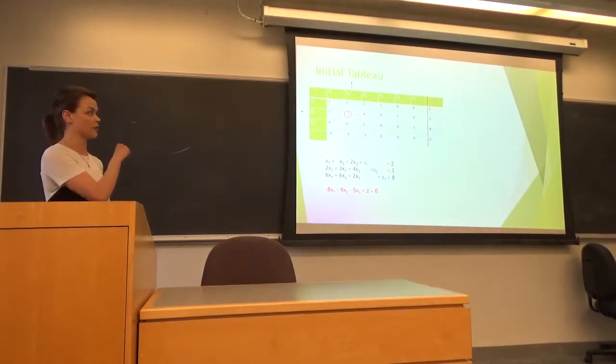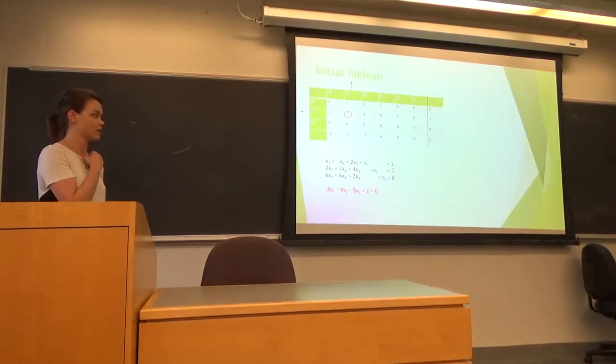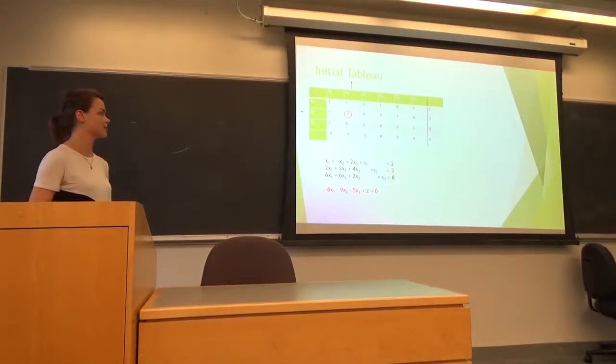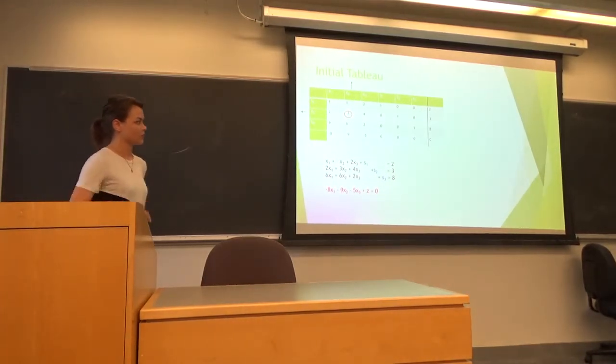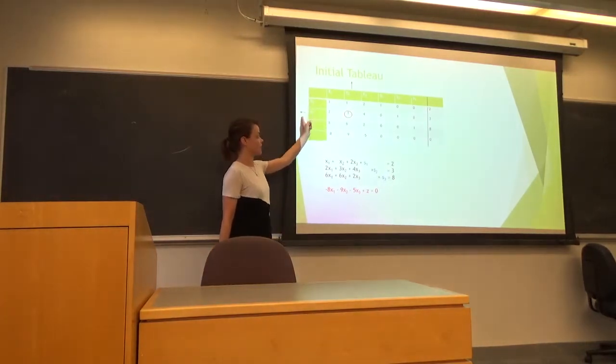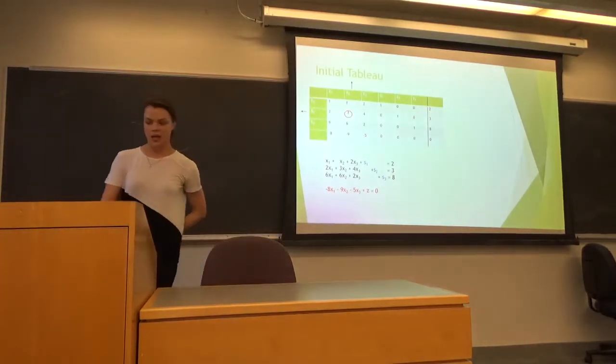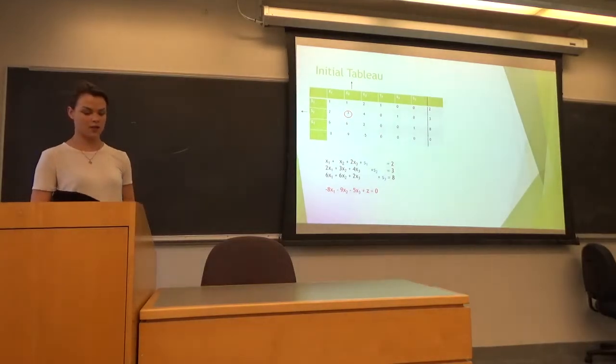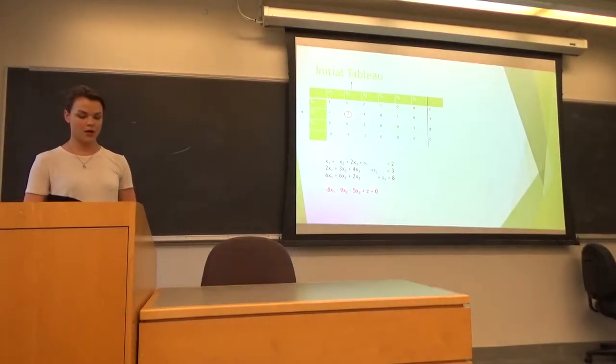So we would do 2 divided by 1 is 2, and then 3 divided by 3 is 1, and 8 divided by 6 is 1.13. So the minimal ratio is 3 divided by 3, which is 1, so that's the row that corresponds to our leaving variable, and the intersection of those two, the pivot row and the pivot column, is the pivot value.